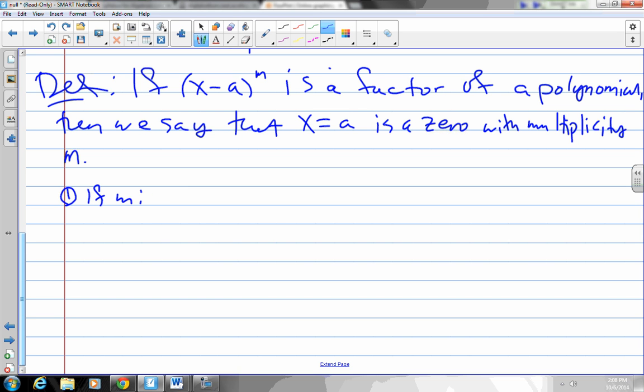So if m is even, then the graph bounces off the x-axis at x equals a.